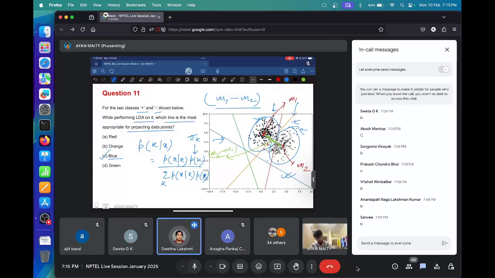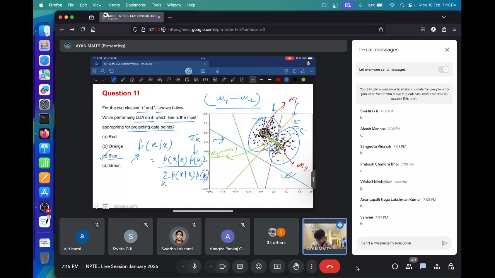One more doubt actually, how do you explain the posterior and class conditional and all with respect to this equation and figure? From this equation you can say this is the posterior probability of k given x.